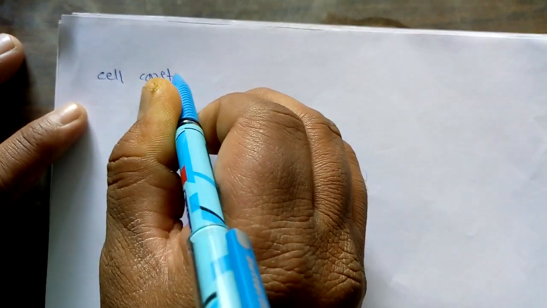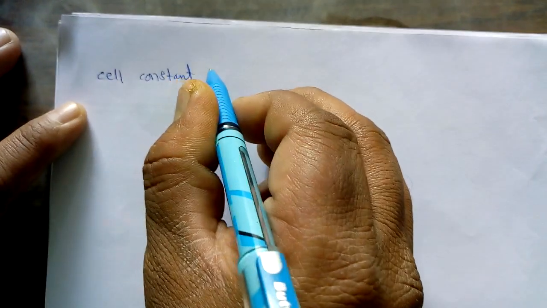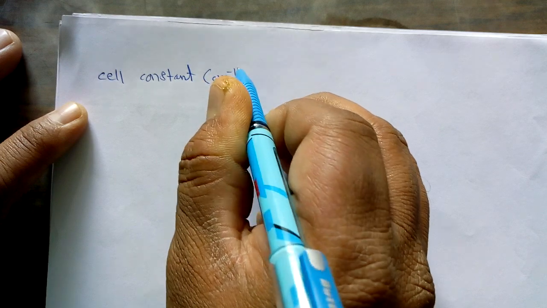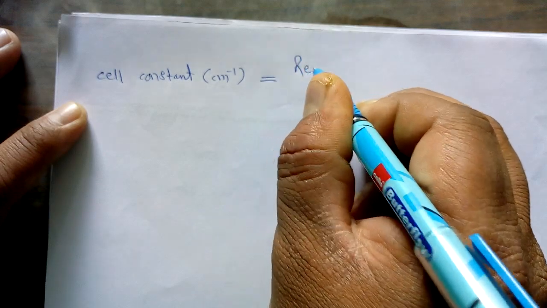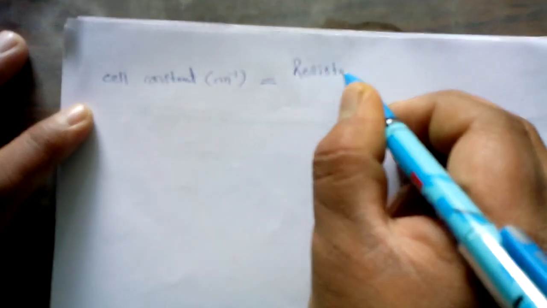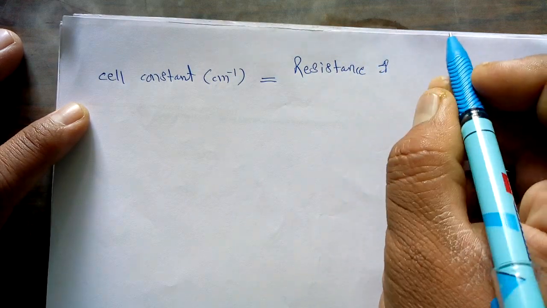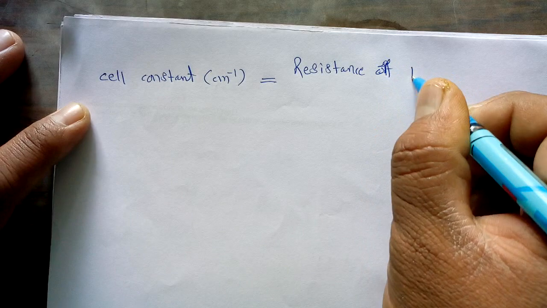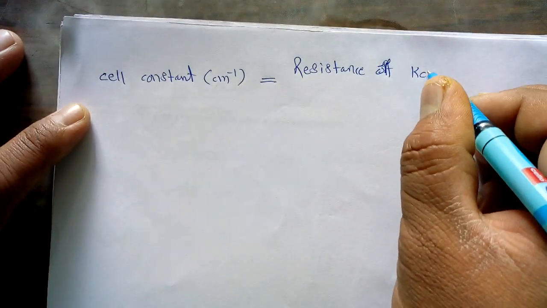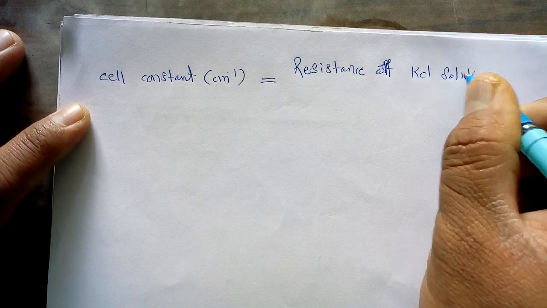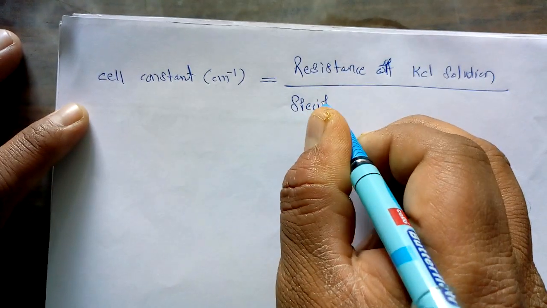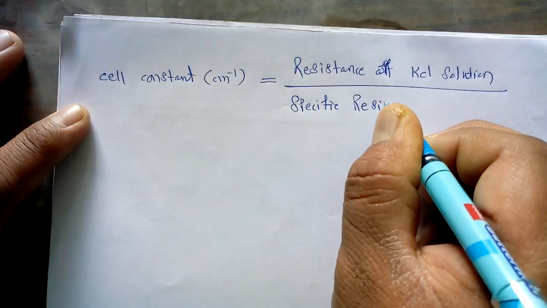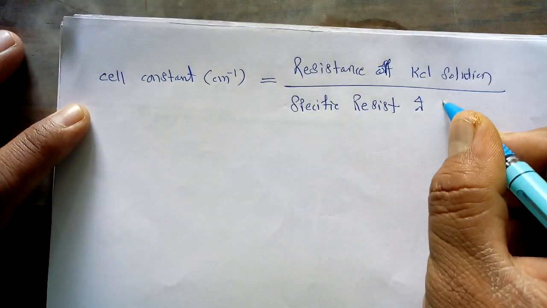So in that case, the cell constant, in units of per centimeter, is equal to the resistance of KCl solution divided by the specific resistance of KCl solution.